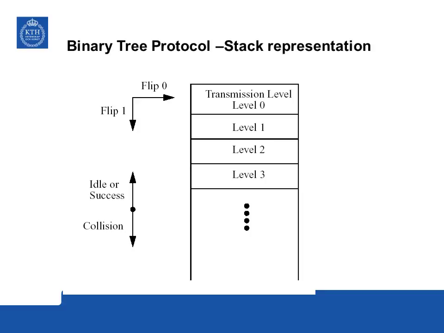So if we have a collision, then we split the number of stations into two groups, those who flip 0 and those who flip 1, and then we push those that have flipped 1 onto the stack, and then we start resolving the conflict among those that have flipped the 0, and then we do it again in that group, and if we have another collision, we have to split that group into two subgroups, and then the one that we handle directly is on the top of the stack, the other one we push on the stack into level 1, and so on.